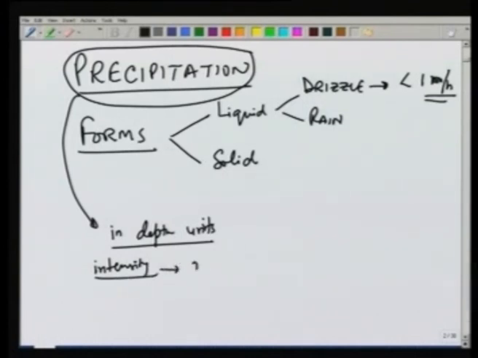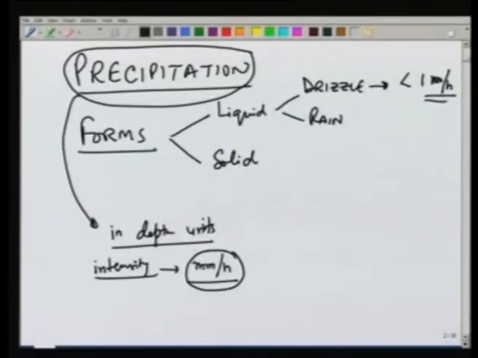So, typically millimeter per hour or sometimes centimeters per hour or millimeters per day, centimeters per day, whatever units we want to use, but millimeter per hour is the conventional unit.